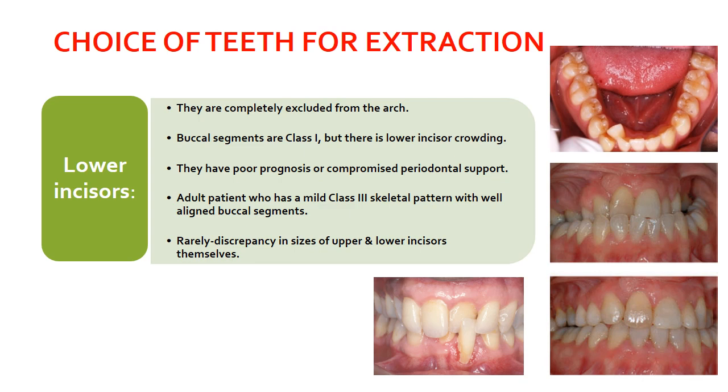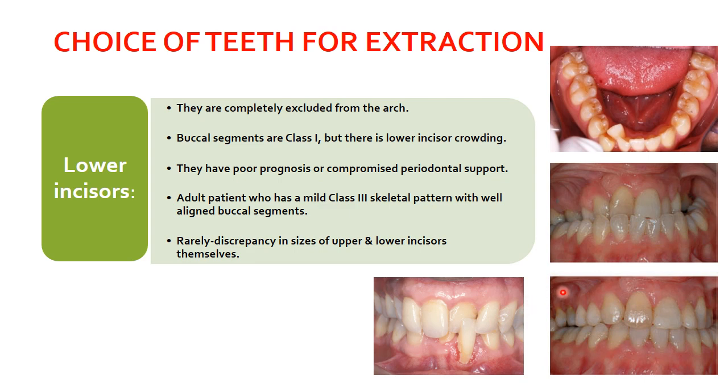For instance, just like we can see from this picture, if the lower arch is well aligned and the lower incisor is completely excluded from the arch, we have to extract it. The second circumstance is if it has a bad periodontal status with gum recession and bone loss, just like we can see here.